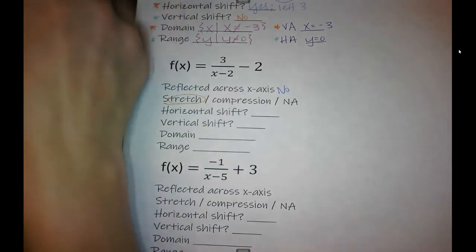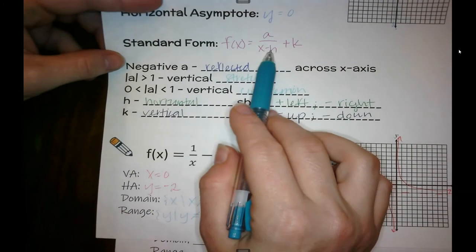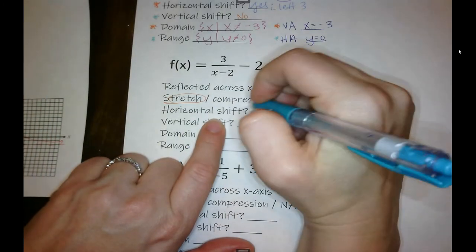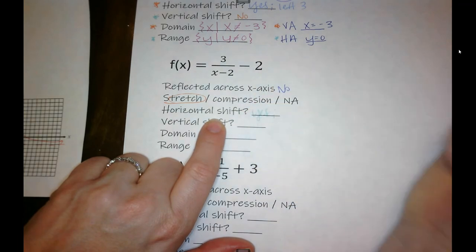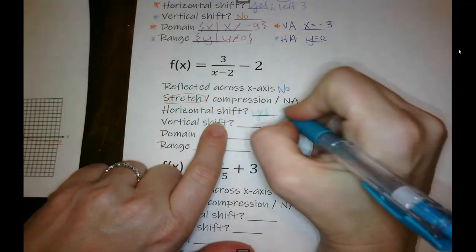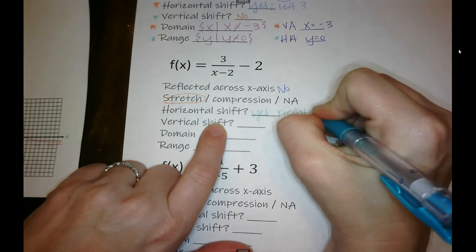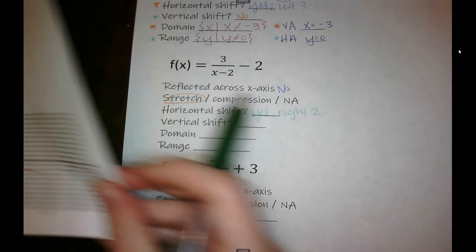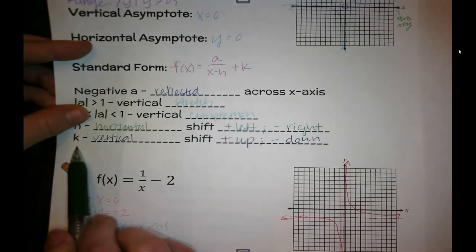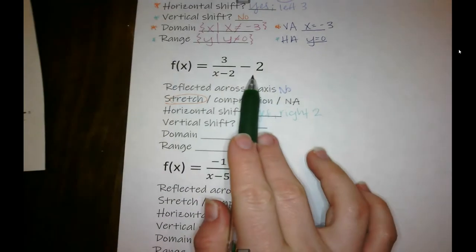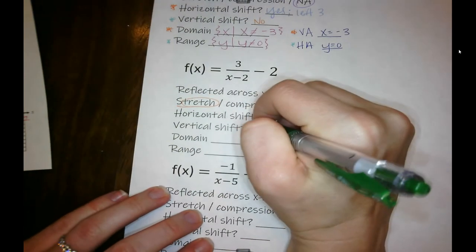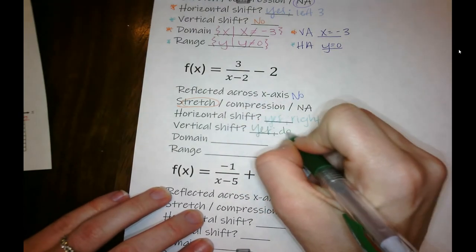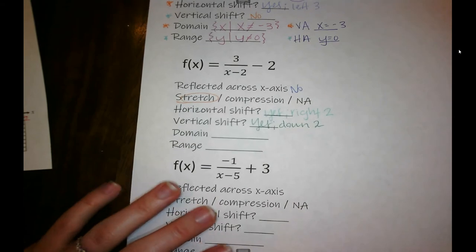Horizontal shift, remember, that is our H. There is a minus 2, so yes. Remember it lies, so that minus 2 means we go to the right 2. Is there a vertical shift? That's our K. Outside, we've got a negative 2, so yes, there's a vertical shift. This one tells the truth, so we're going down because it's negative 2.